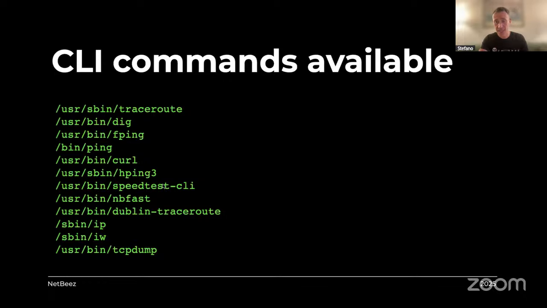Speed test CLIs are to do speed tests on download and upload speed. There is the fast.com speed test, Dublin traceroute, which is a version of path analysis, and then iw, which is for Wi-Fi agents, and tcpdump, which, for those who don't know, is a very important utility that now you can also include in your custom script.